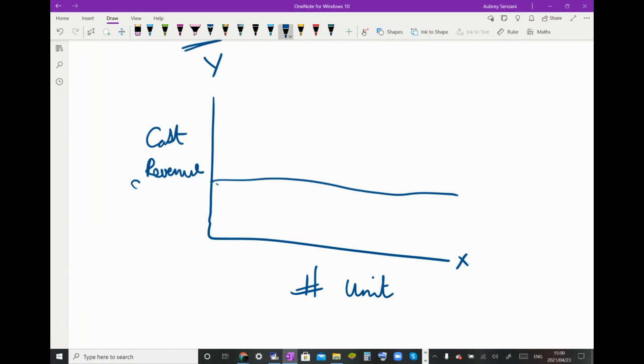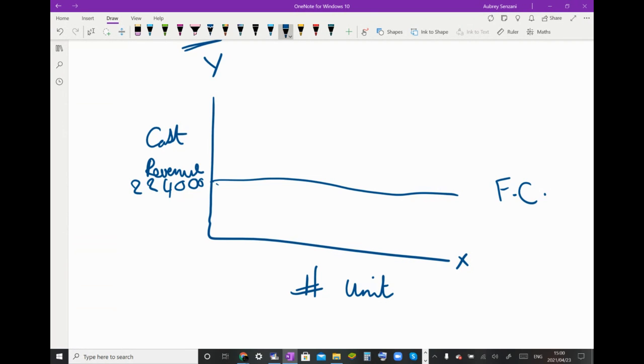So here you're going to have 224,000. This is your fixed cost. Then the other line that you're going to have is, remember, for every unit that you sell, you're earning 400 Rand.